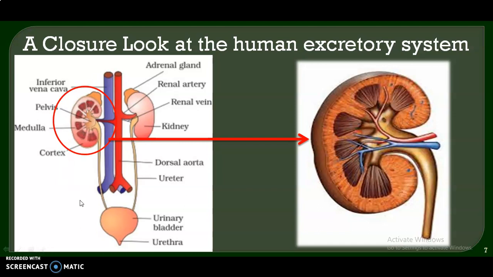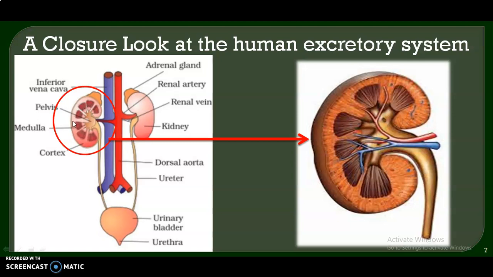So if we look at the image in slide number 7, we get to see the parts of the human excretory system as a pair of kidneys, a pair of ureters, urinary bladder, urethra, renal artery, renal vein, and when we move inside the kidney, we find a part called pelvis, another part called medulla, and another part called cortex.